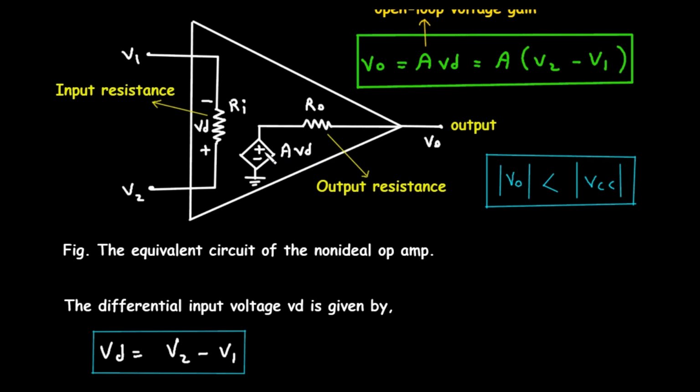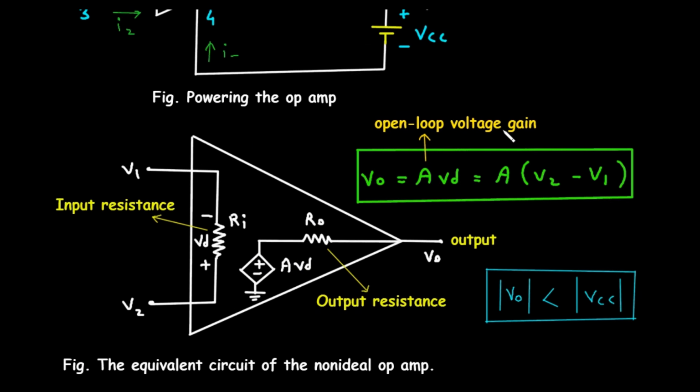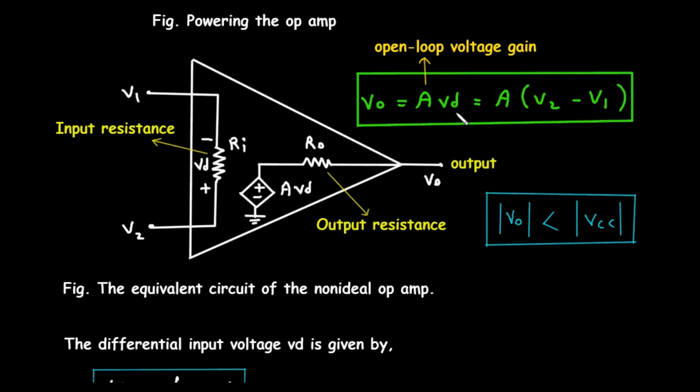Its output is the open loop voltage gain, represented by this A, multiplied by the differential input voltage Vd. Remember that A represents open loop voltage gain and Vd represents differential input voltage.